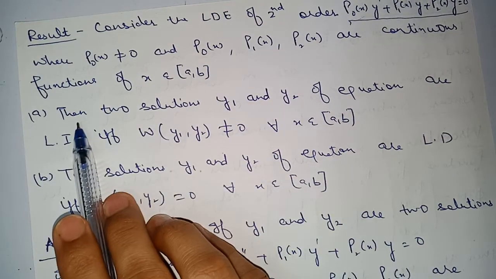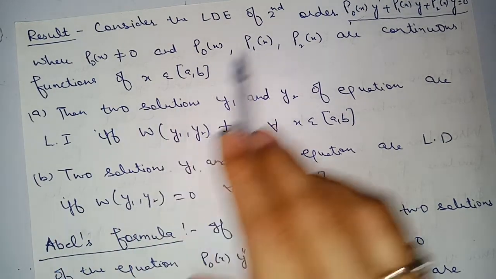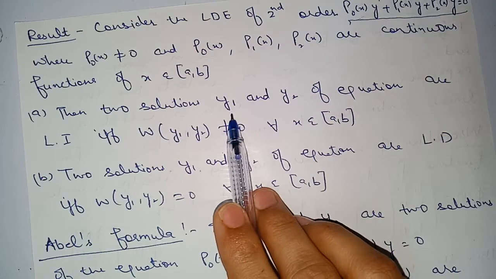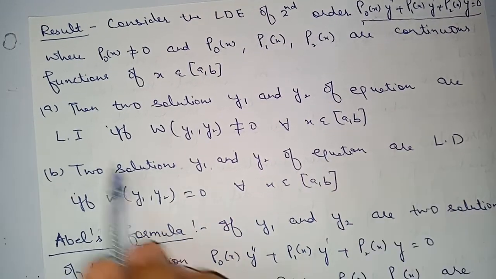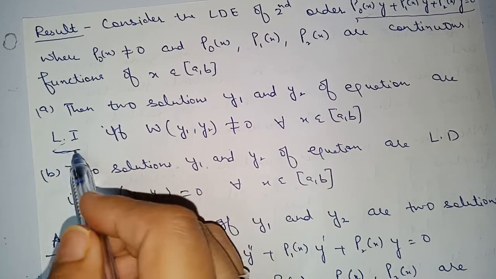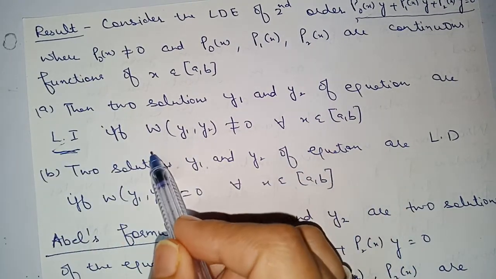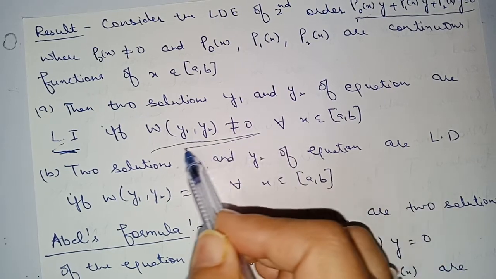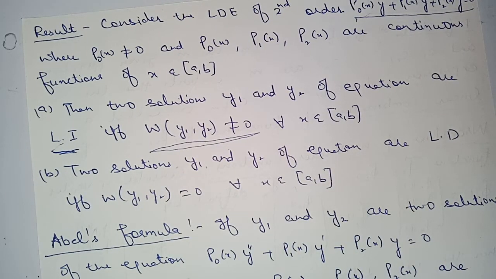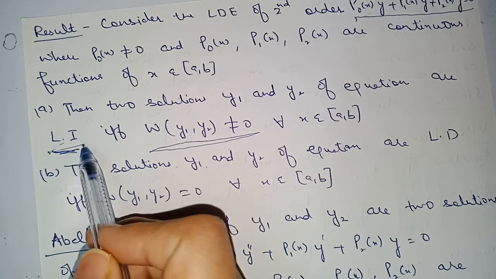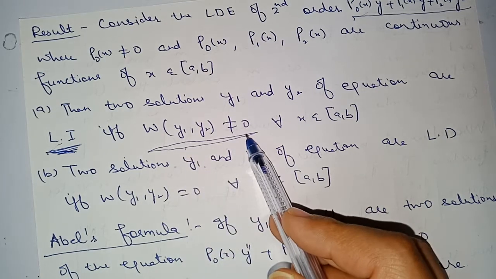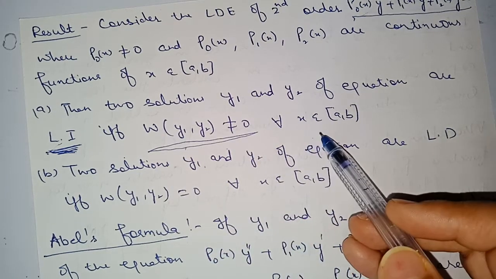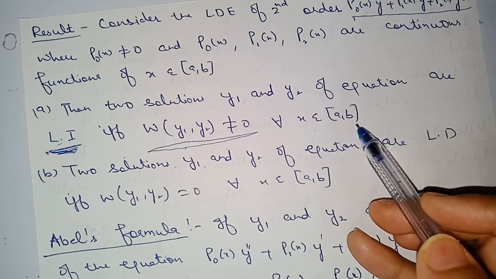So then the two solutions, here we could get two solutions that are y1 and y2 of the equation. These are linearly independent if the Wronskian of these two solutions is not equal to 0. This is most important: linearly independent if Wronskian is not equal to 0 for all x belonging to a, b.